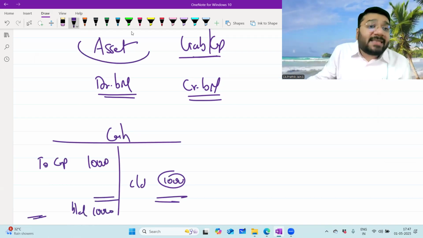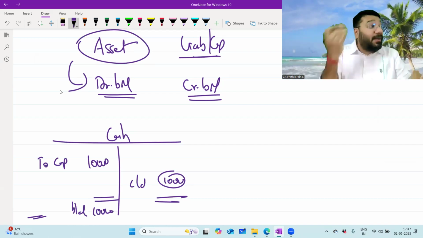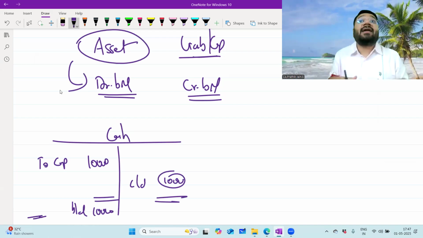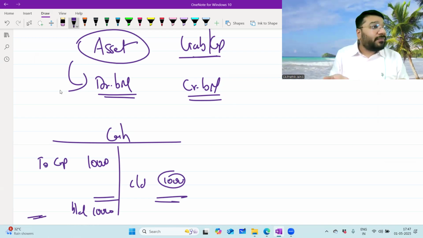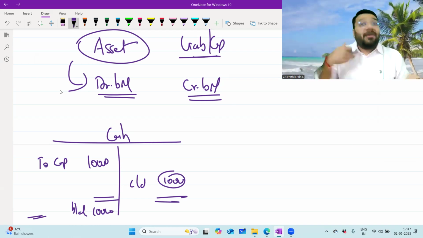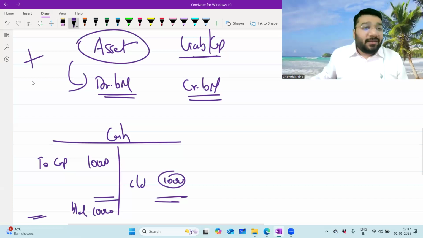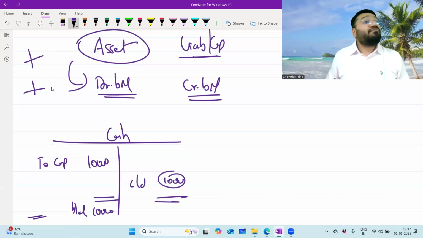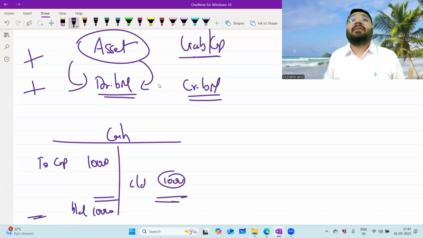So why does an asset always have a debit balance? Because the rule is designed in such a way that whenever an asset is coming in, the rule says debit. So what balance will it have? If you debited, debit only it will have. A plus item will have a plus balance. By that virtue, an asset always ends up with a debit balance.